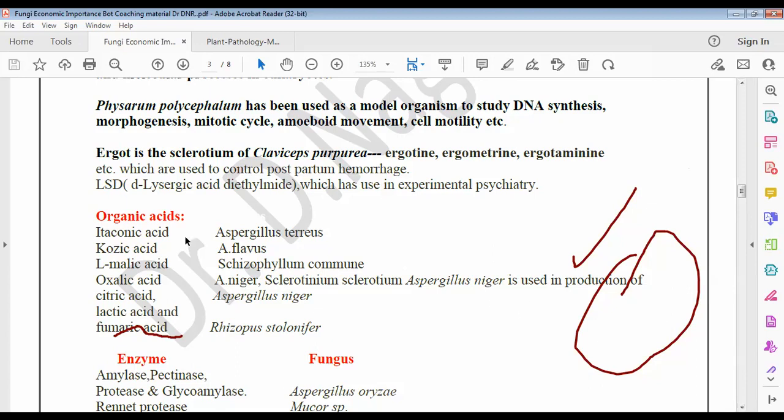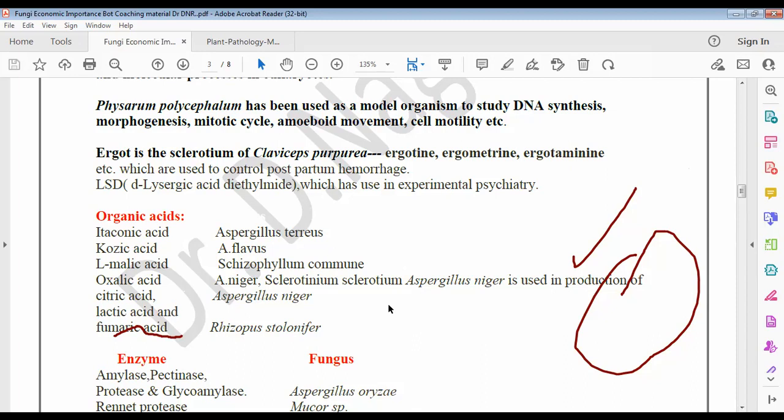And oxalic acid also comes from Aspergillus, and lactic acid and fumaric acid. Lactic acid is also prepared using Rhizopus solanifer, bread mold, black mold, pin mold.